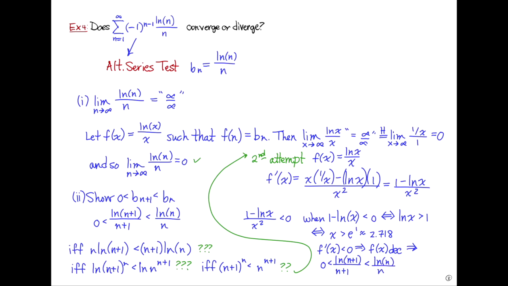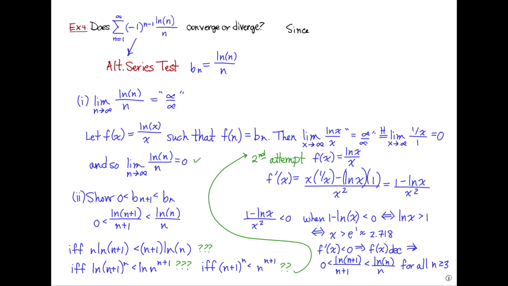And this is true for all n greater than or equal to 3, knowing that n has to be an integer. I'll give my conclusion at the top since I'm running out of room here.